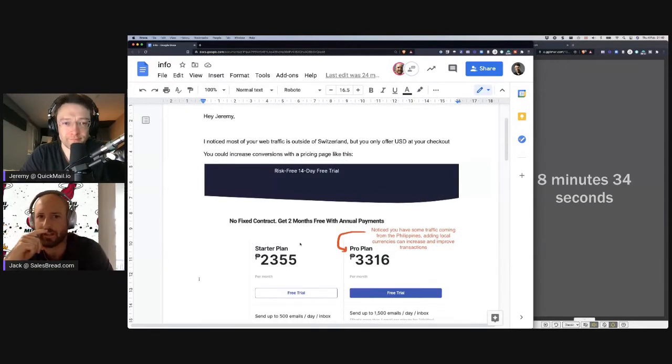Okay, not bad. Let me take the first stab at this. Kudos on their data. They knew that you were a Swiss company, and they knew that you have prices in USD, yet the US is not your primary traffic source. People are listening, watching, wondering how. You can go to alexa.com/siteinfo/quickmail.io in order to steal this data.